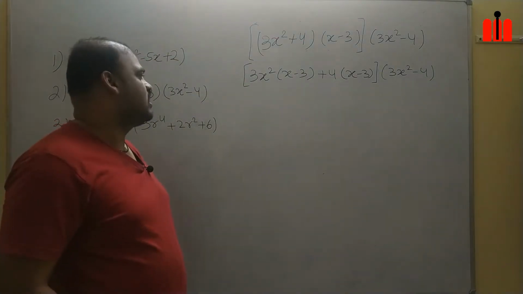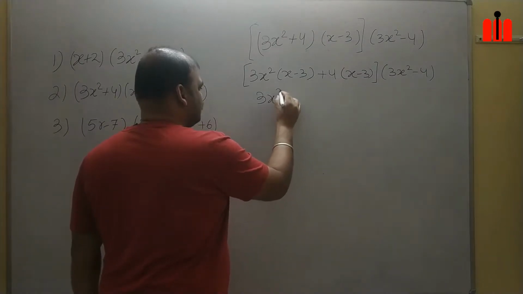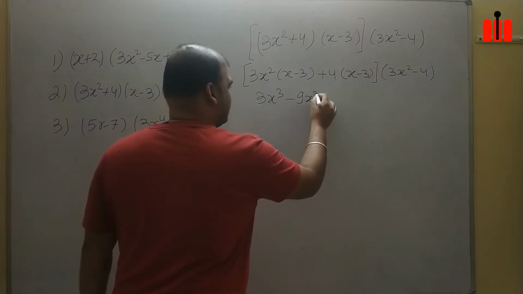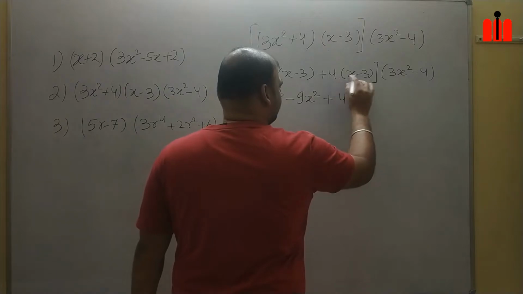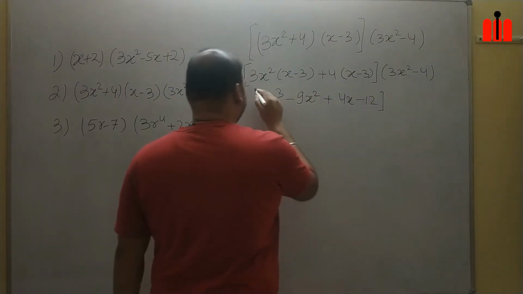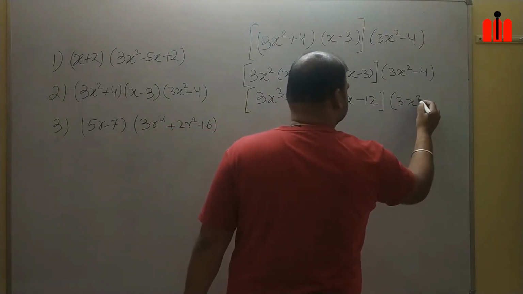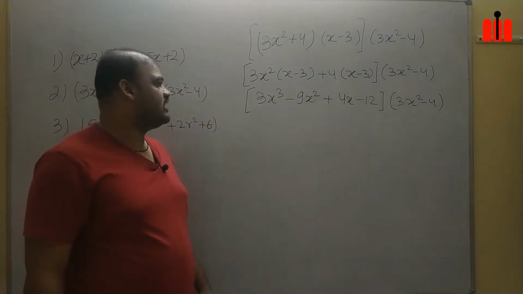Okay, now 3x² into x is 3x³, minus 3x² into 3 is 9x², plus 4 into x is 4x, 4 into 3 is minus 12, and this will be in one bracket, and after that here it is 3x² − 4. Okay, are you getting it?